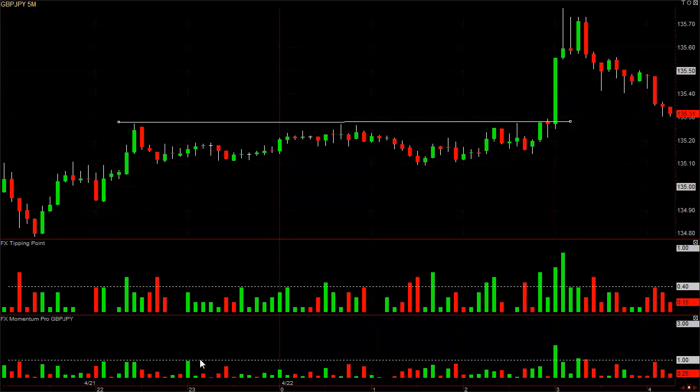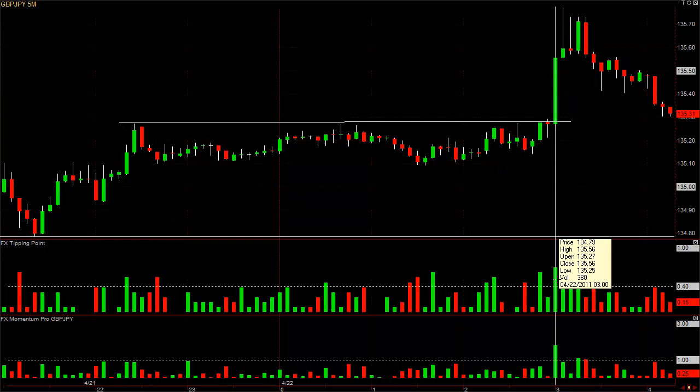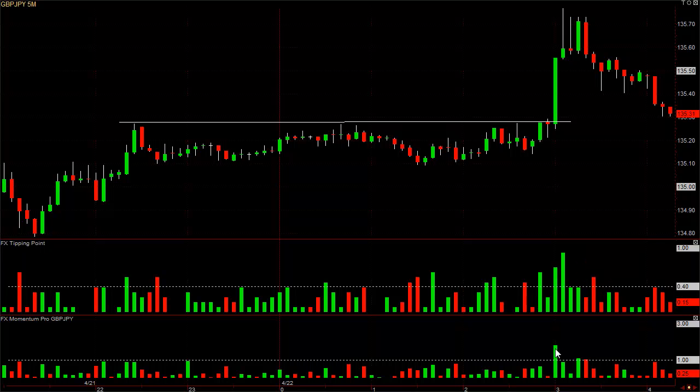No real extreme intense moves down, but the majority of the bars were green in terms of the direction that each pair was moving. The trend was already up on this pair, and when it broke out right here, you notice that most of the pound pairs are going up, yen pairs are going down, and they're doing so with incredible momentum. And then the same thing on the next bar, made a higher high. Even more pound pairs are going up, yen pairs going down, but with less momentum. That's what this is showing.